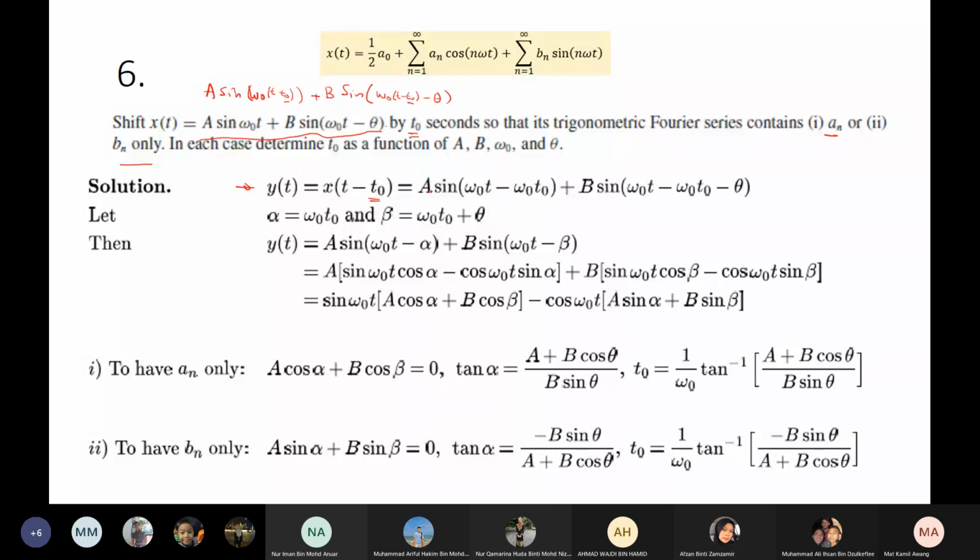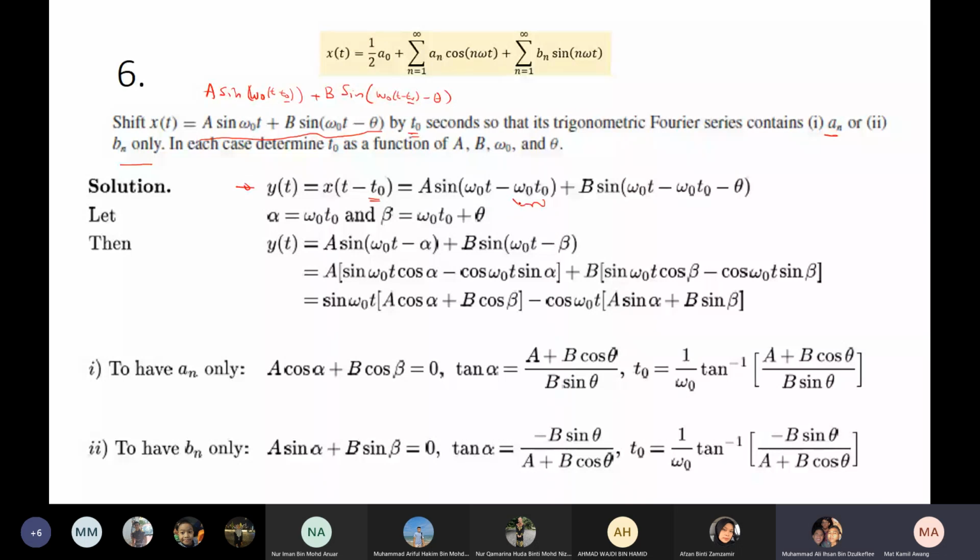So when you expand this, you get omega naught t minus omega naught t naught, and this part is omega naught t minus omega naught t naught minus theta. That.